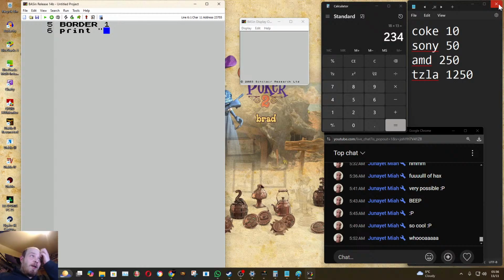A lot easier to write the code like this, Mia, don't you reckon? Wouldn't you say?